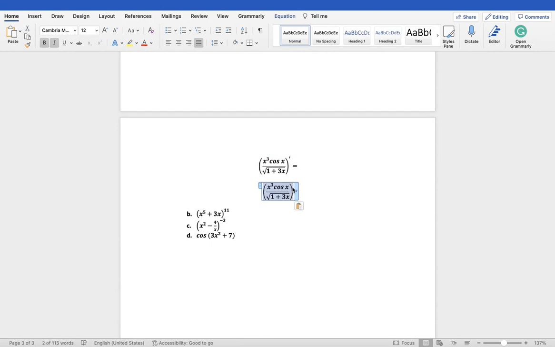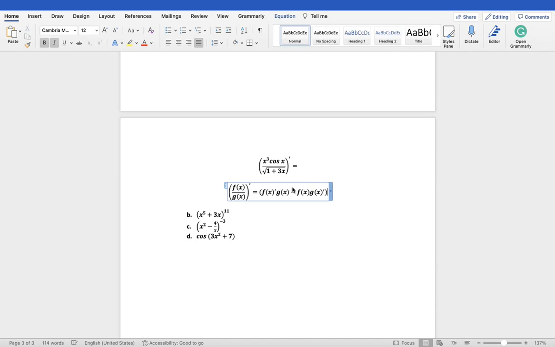When you're looking for the derivative of some function f of x divided by some other function g of x, what you do is you take the derivative of f of x, you multiply it by the function g of x, then you subtract f of x multiplied by the derivative of g of x.